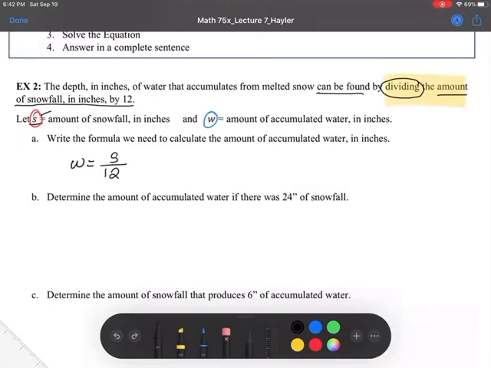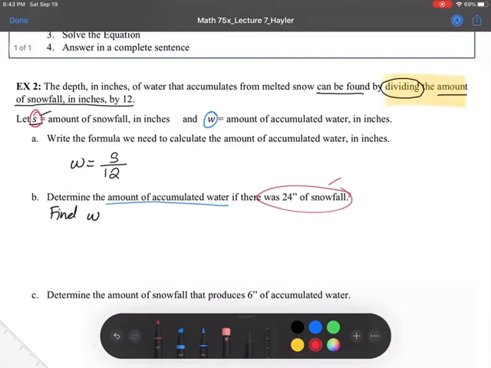Awesome. All right, so D, determine the amount of accumulated water if there was 24 inches of snowfall. So we're trying to figure out the amount of accumulated water. Well, the amount of accumulated water is W. So we're going to try to find W when there was 24 inches of snowfall.